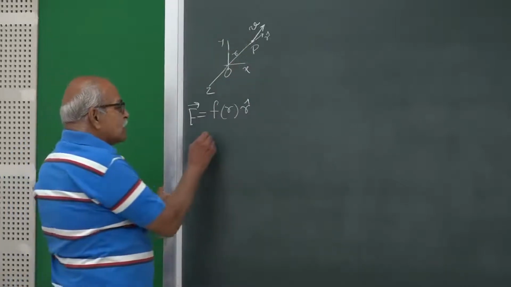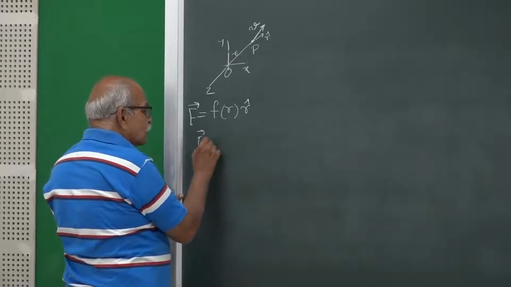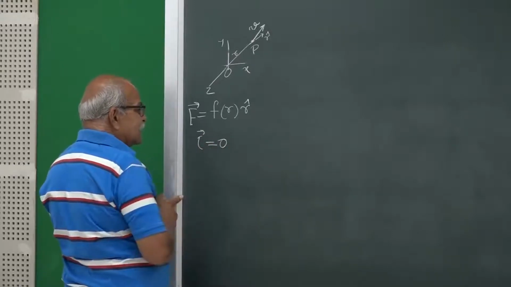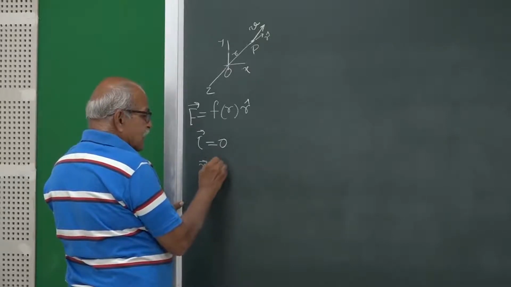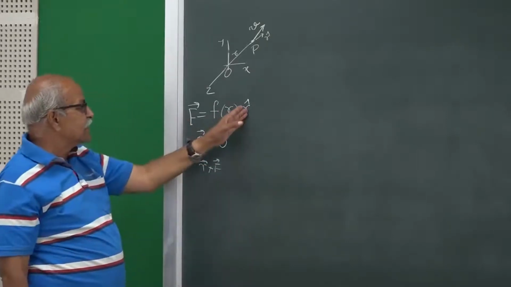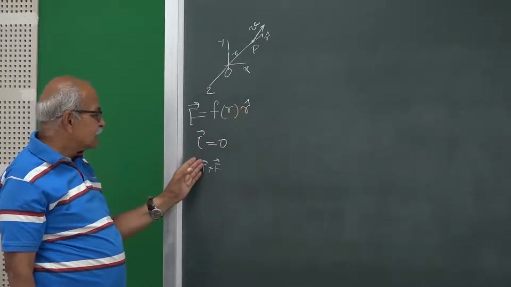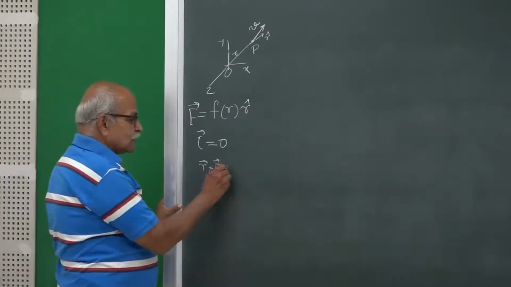And then we saw that the torque on the particle is 0, because at any time, what is torque? Torque is r cross F, and since F is in the radial direction, and the r vector is in the radial direction, this is 0.